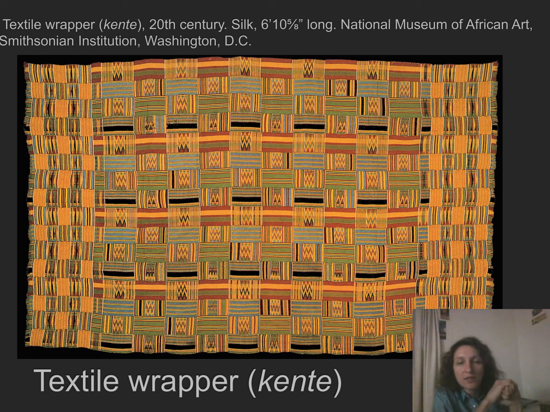Okay, so this is a textile wrapper. We're still in the West African area. This is called a kente. I know, I'm terrible at pronunciation. But basically how this object is read is different than iconography, right?